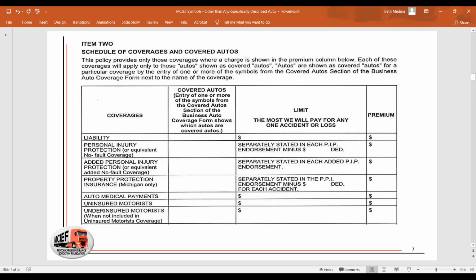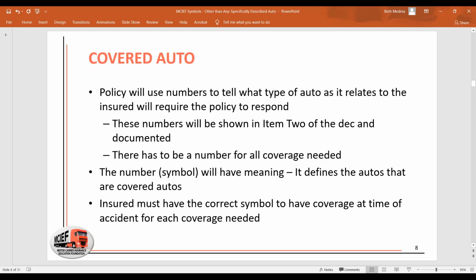And so you have the line covered autos. Entry of one or more of the symbols from the covered auto section of the business auto coverage form shows which autos will be considered covered autos, and therefore make the policy respond. Policies will use numbers to tell what type of autos, as it relates to the insured, will require the policy to respond.